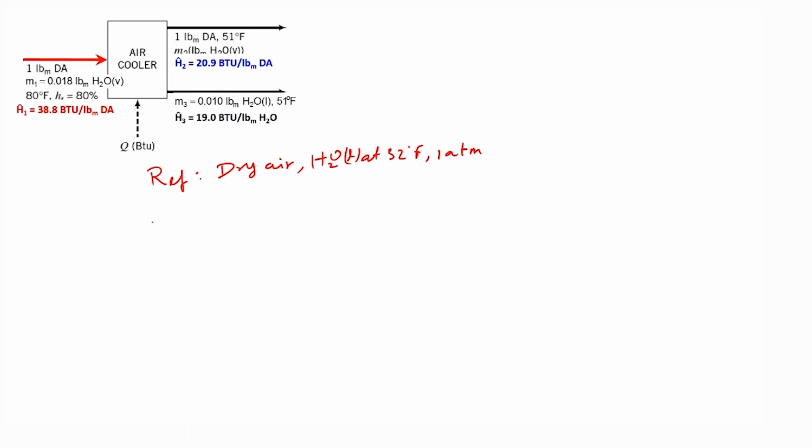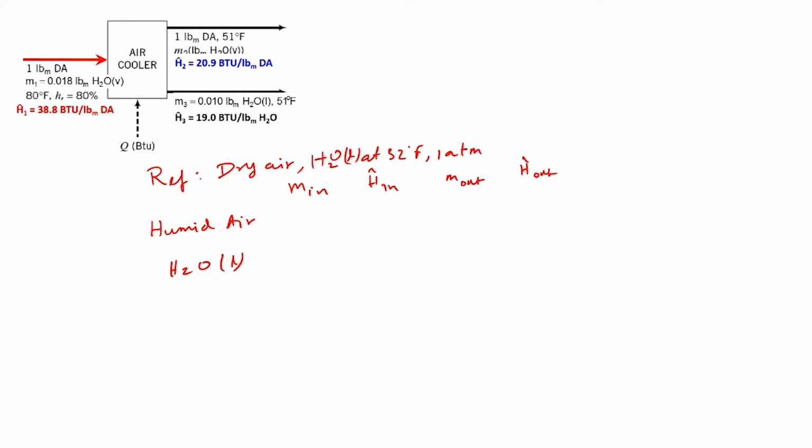So, your components are humid air and water liquid, which are entering and leaving the system. You have M in, H cap in, M out and H cap out. The enthalpies which we got were in terms of BTU per pound mass of dry air.